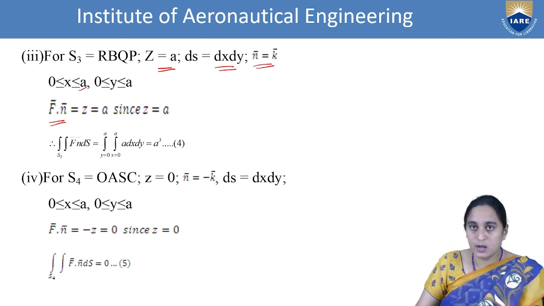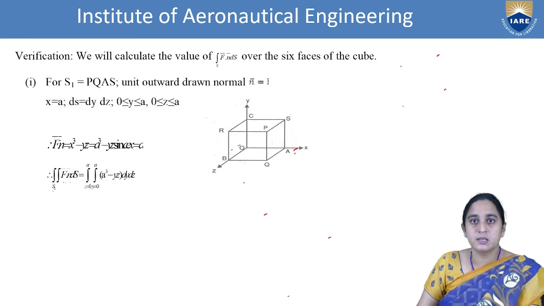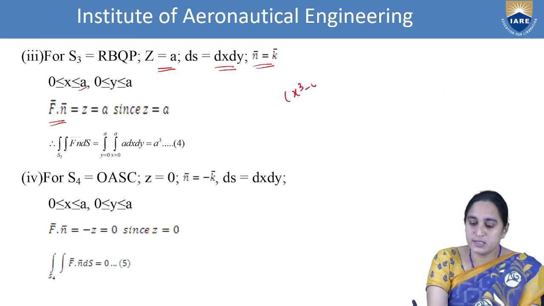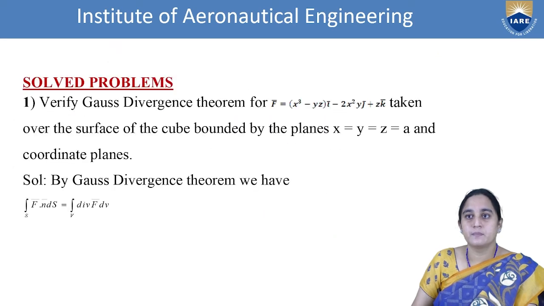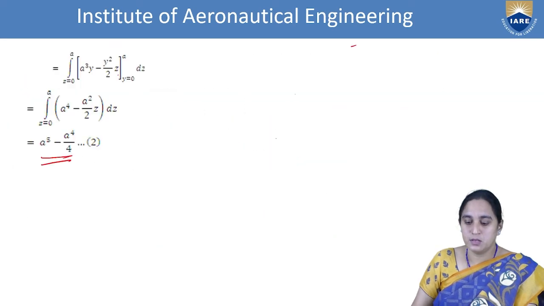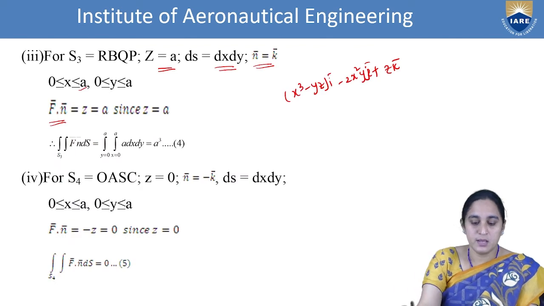What is f bar? Here f bar means (x cube minus yz) into i bar minus 2x square y into j bar plus z into k bar. Dot n bar, which is k bar. This is f bar dot n bar.